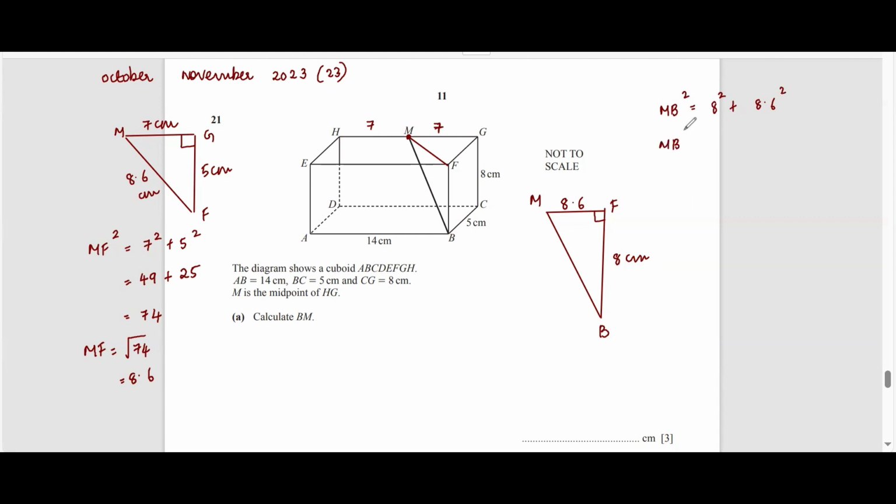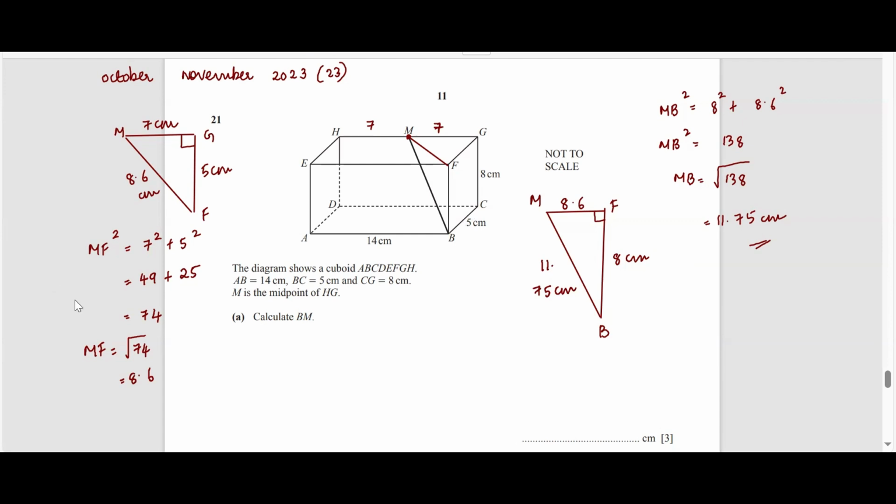MB square will be 138. Therefore, MB will be square root of 138. The answer is going to be approximately 11.75 centimeter for MB. It was a 3-mark question.